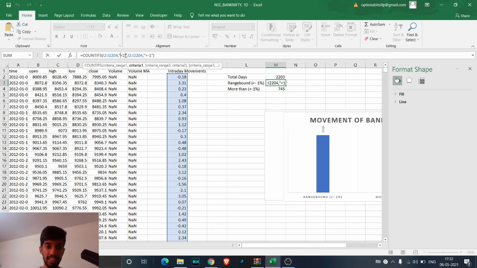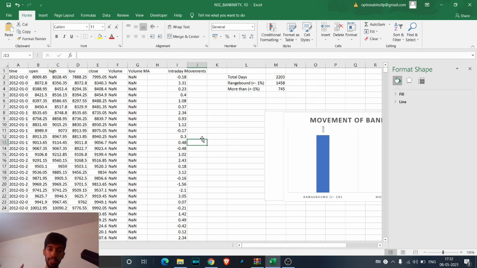If the market movement is less than plus 1% and more than minus 1%, then I have used a count function. So it has counted all the numbers between plus 1 as well as minus 1%. Totally we have 1458 days where the market has stayed between plus minus 1% and is range bound. Plus minus 1% is just around 300 points, and there are around 745 days when the market has either moved more than 1% or less than minus 1% intraday.